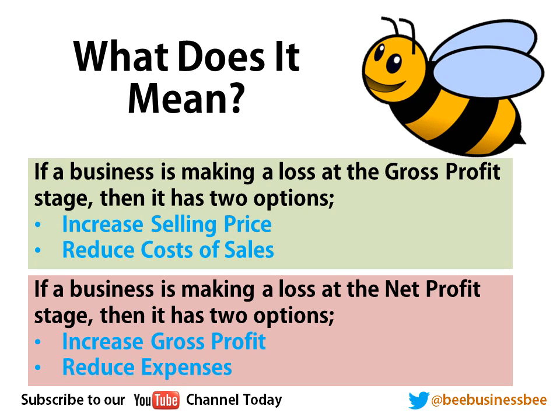So what does it actually mean? Well, if a business is making a loss at the gross profit stage, then something is seriously wrong. You've got two options. You either increase your selling price so you can charge more for your product, but you've got to be careful about that because how does that impact on your competition? Or you reduce the cost of sales, so you find a new supplier who will sell it cheaper to you. Of course, if the business is making a loss at the net profit stage, then it's got two options again.